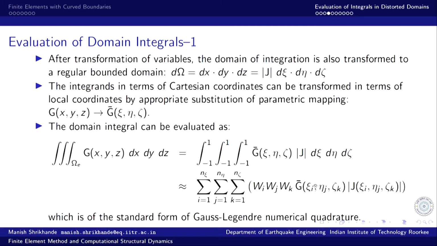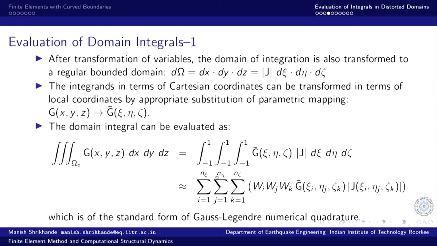Once we have this, the element equilibrium equations are established, mostly, except for the boundary term. We have not yet discussed the boundary term, but all the domain integrals can be evaluated in this way, and in Gauss quadrature we normally take the same number of sampling points in all coordinate directions.